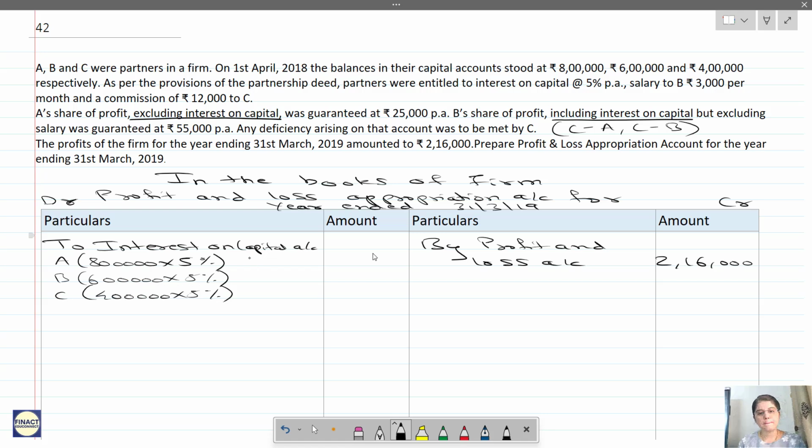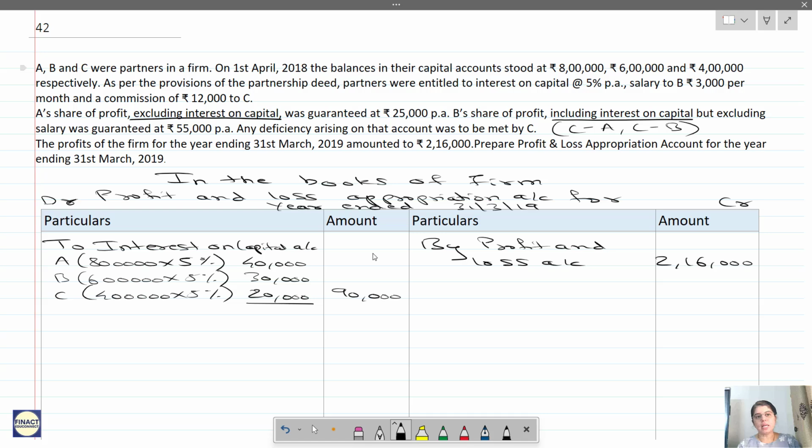Correct? That is 40,000, 30,000, 20,000. Total comes to 90,000.